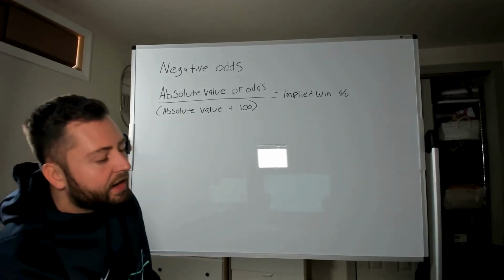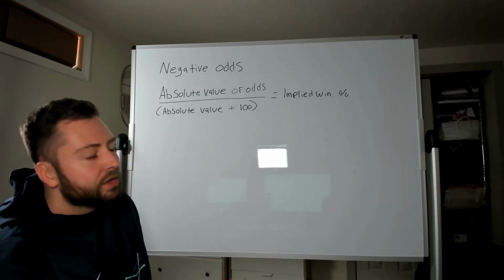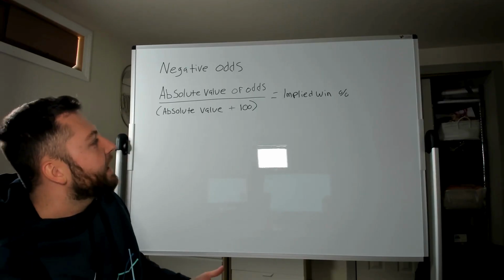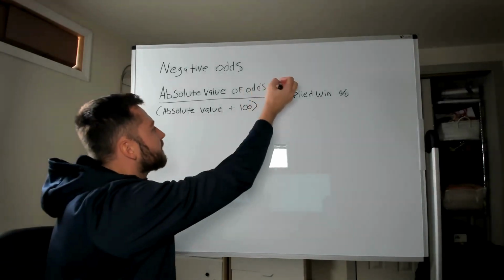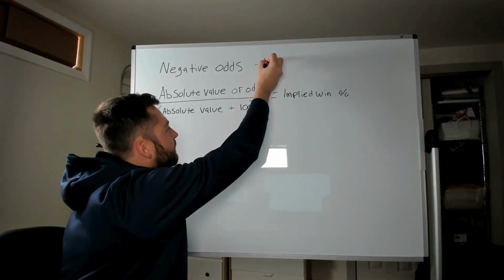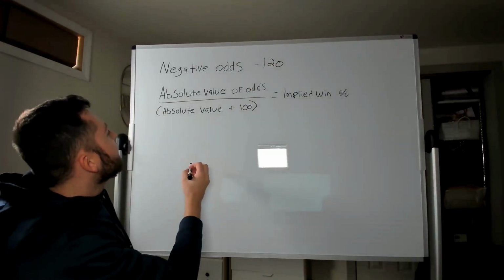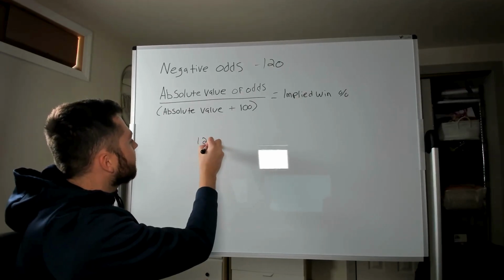Since this is a negative odds formula, let's pick minus 120. If you don't know what the absolute value is, it is just the value of the number as a positive, or as a whole. So the absolute value of minus 120 is 120.